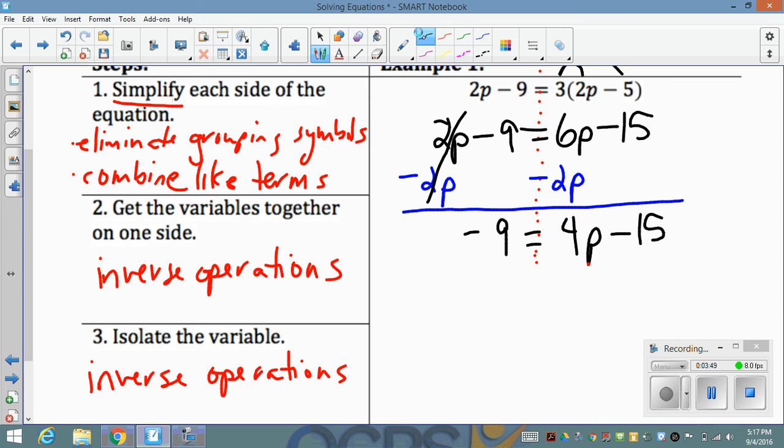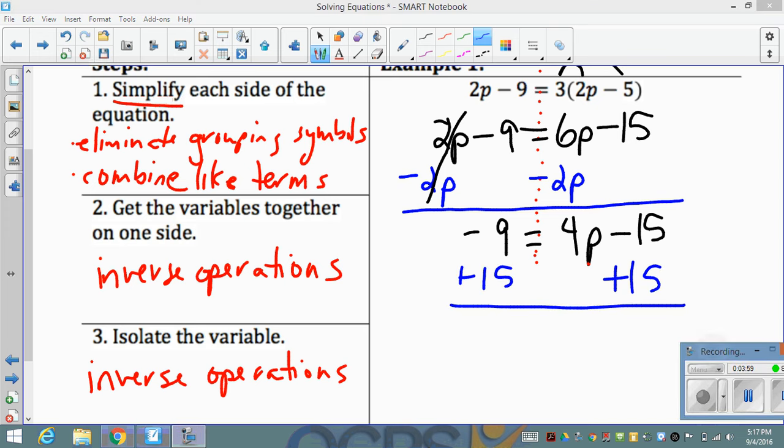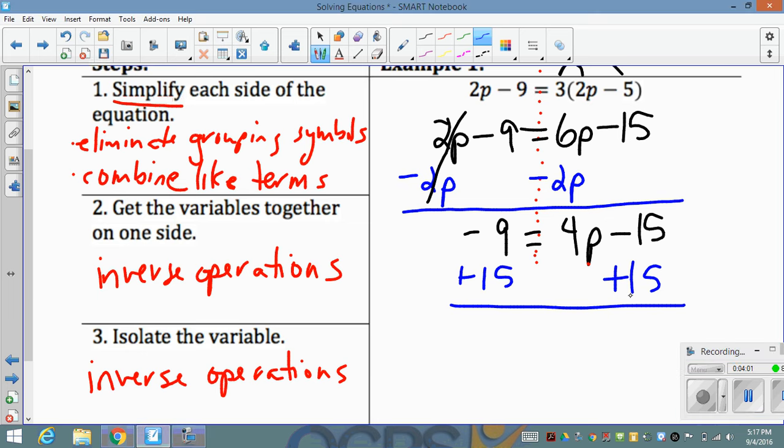And I really pretty much have to take care of that one first. So I'm going to add the 15. That's our addition property of equality. Negative 15 plus 15 is 0. And so we get 4p equals, and then negative 9 plus 15. Signs are different, so I'm going to subtract and keep the sign of the larger. So that's a positive 6.